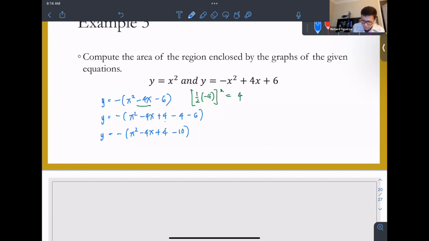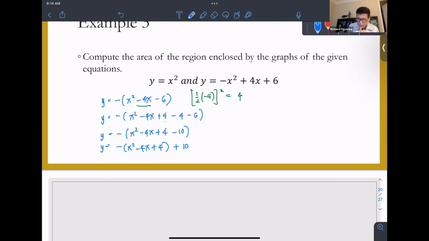And then I'm just going to distribute the negative. This will become negative x squared minus 4x plus 4. And then the negative times negative 10, that would be plus 10. So negative x squared minus 4x plus 4, and then the other one would be plus 10.